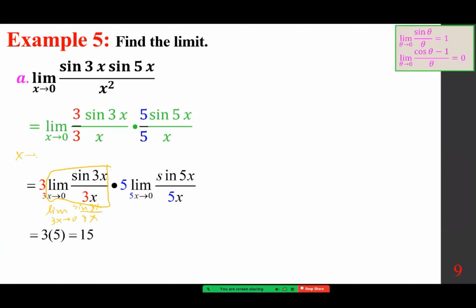Because when x approaches 0, so does 3x. What about this part? This we should change to the limit of sine 5x over 5x as 5x approaches 0, and this is also 1. So 3 times 1, 5 times 1 is 15. This is how you justify it. Okay, everybody?